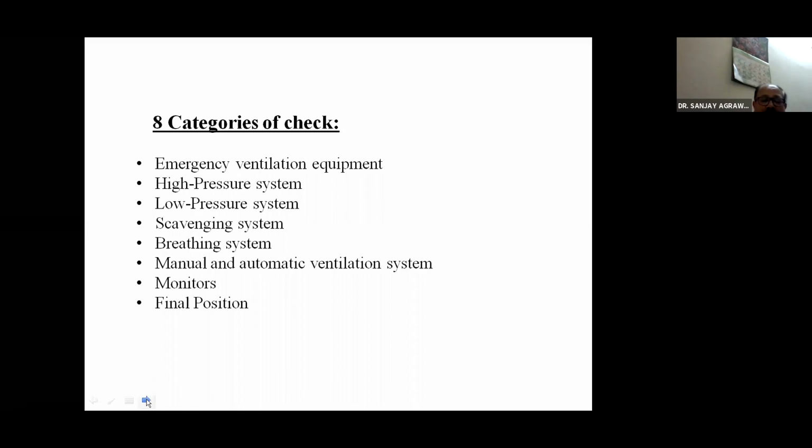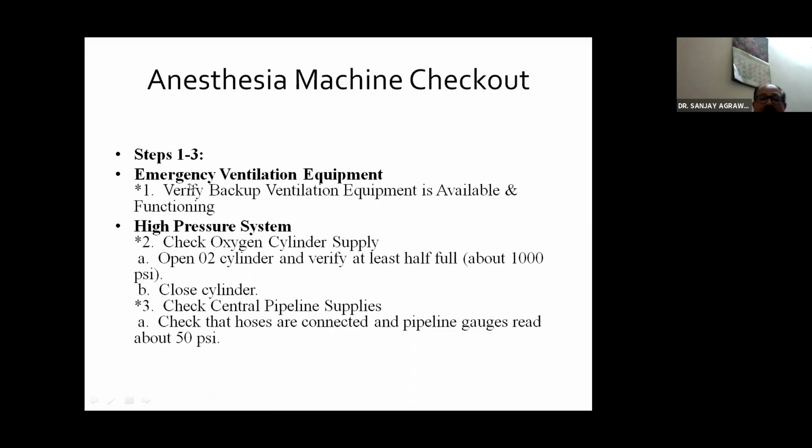For the emergency ventilation backup, we have to see that there is an Ambu bag, and the presence of oxygen tubings and all those things. High pressure system: check the oxygen supply, the cylinder supply, open the oxygen cylinder and verify that it is at least half full.